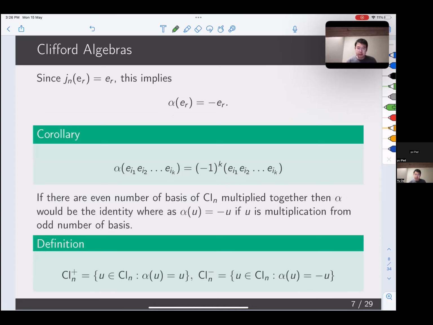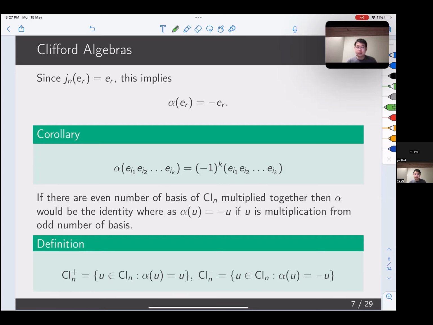So we see that alpha on the basis of Cl_n is just the negative of that basis. So we notice that if we have an even number of bases of Cl_n multiplied together, alpha would just give us the identity.